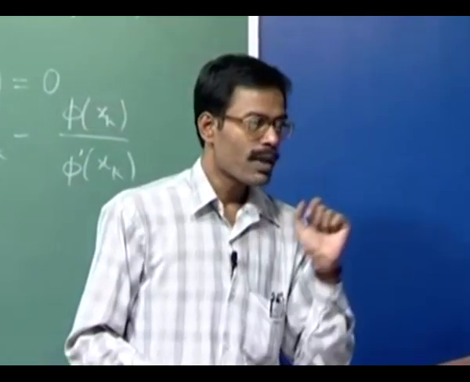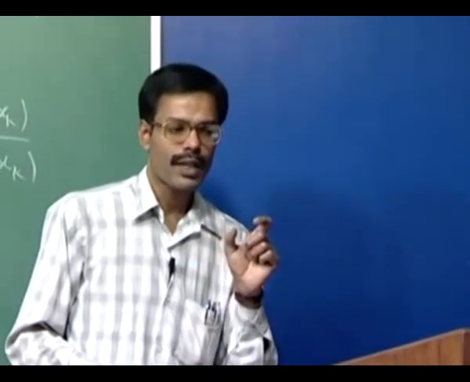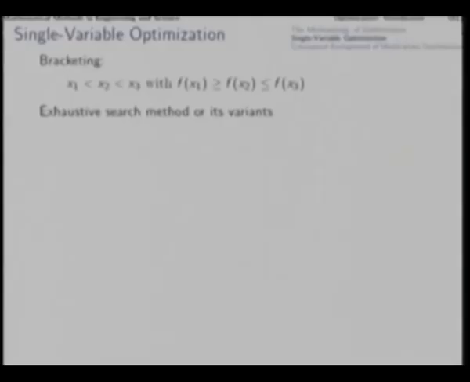In the case of minimization problem, the bracketing has a slightly different meaning. If there are 3 points x1, x2, x3, x1 less than x2, which is less than x3, such that at x2 the function value is lower than both x1 and x3, then we say that between x1 and x3 there is a solution.